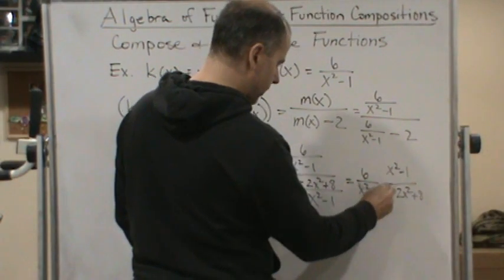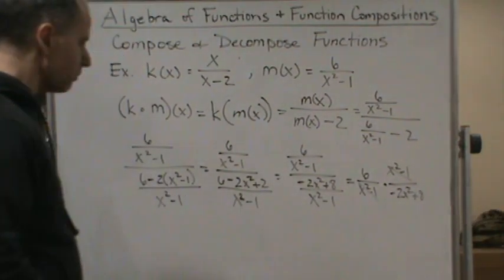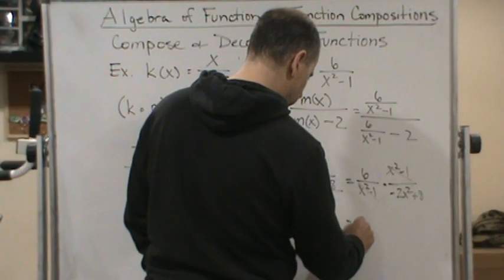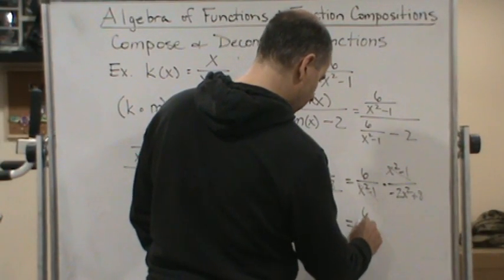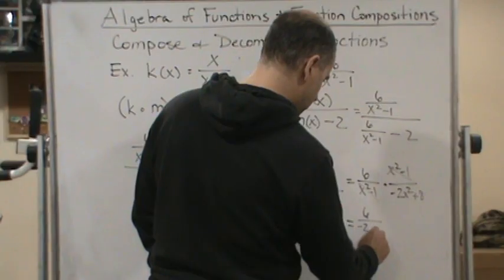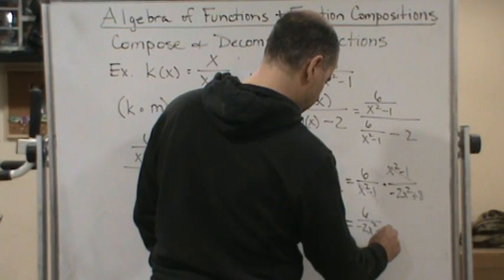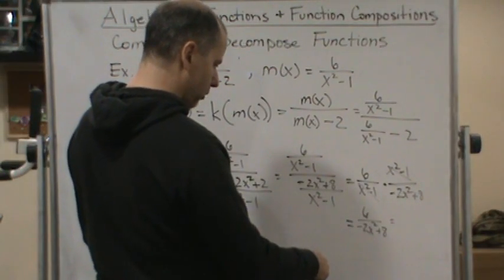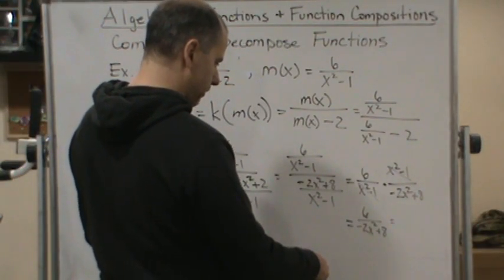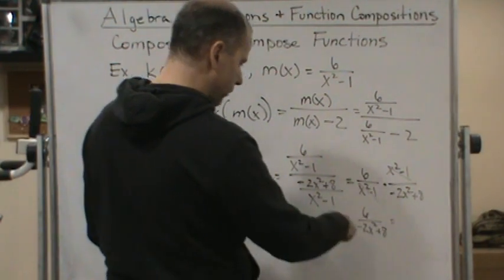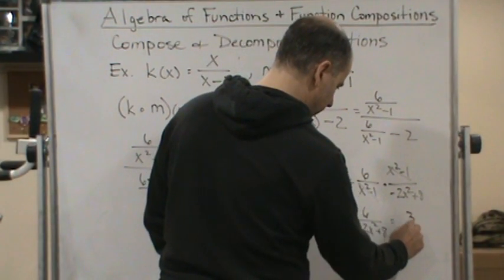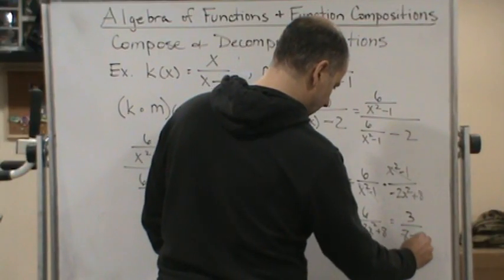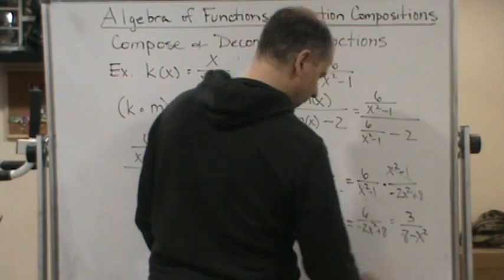And so these are going to cancel, and I get 6 over negative 2x squared plus 8. Then I can factor out the negative 2. Well, I'll just factor out a 2. So then it'll give me 3 over 8 minus x squared.